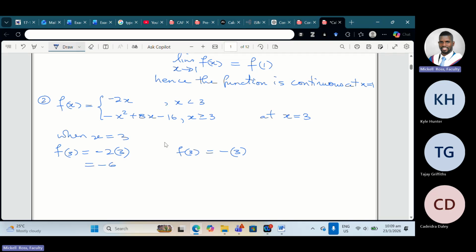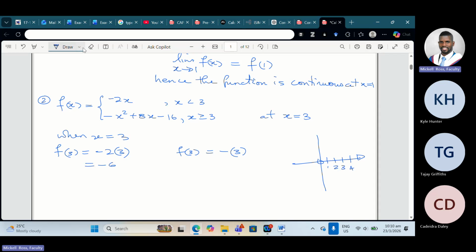And we should have pointed this out to you earlier. All right, so when we talk about how it's going to approach 3, let me do it over this side. 1, 2, 3, 4. So this is 3, 2, 1, 0.